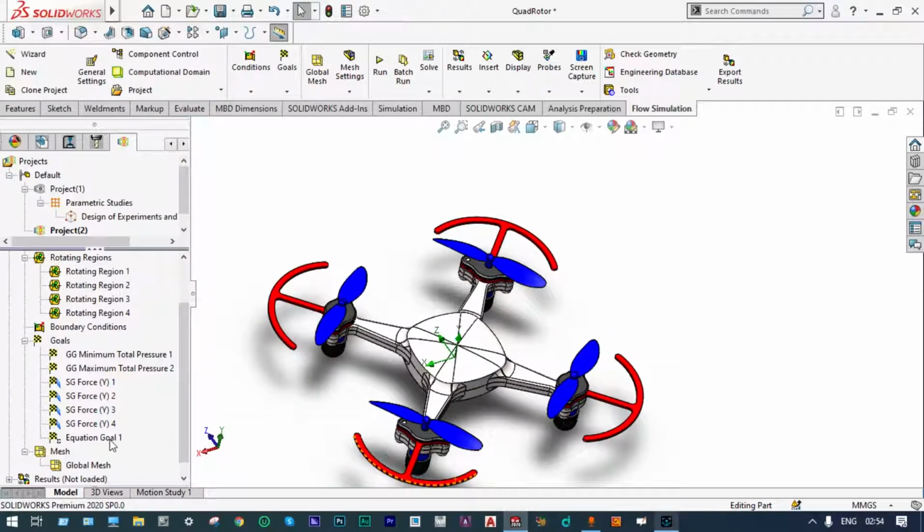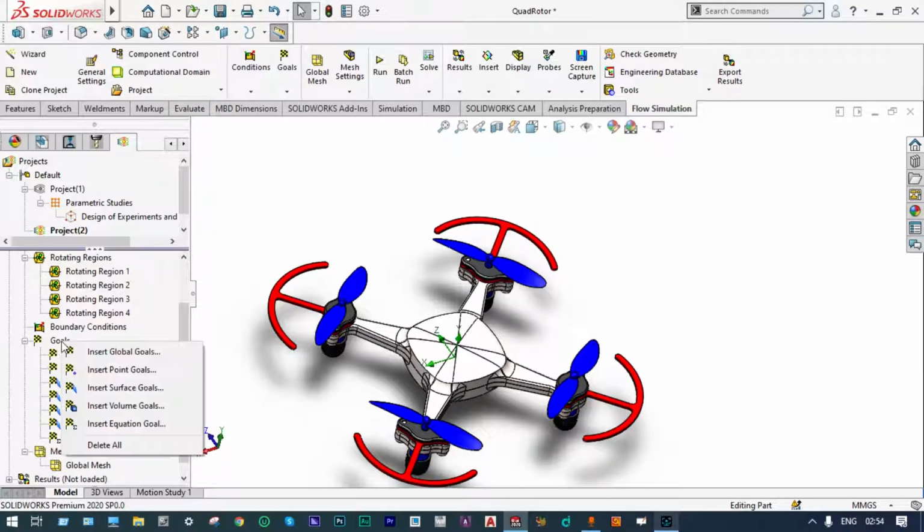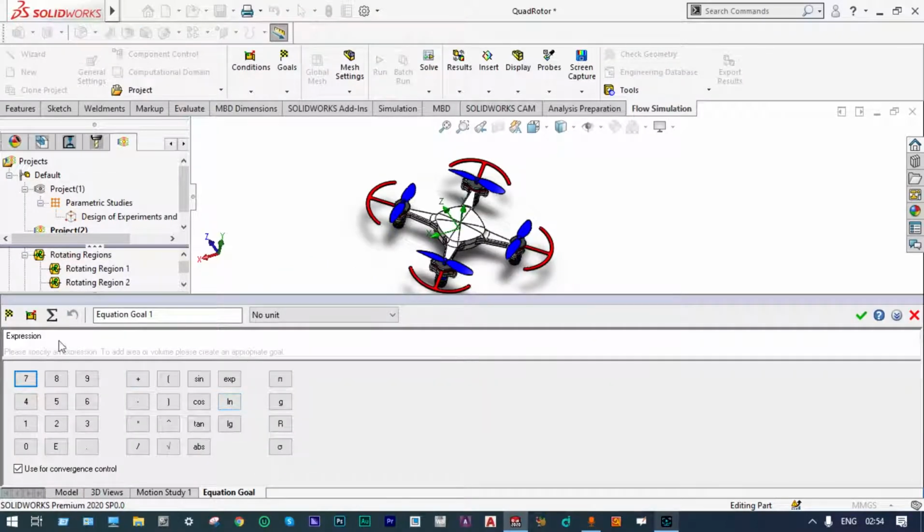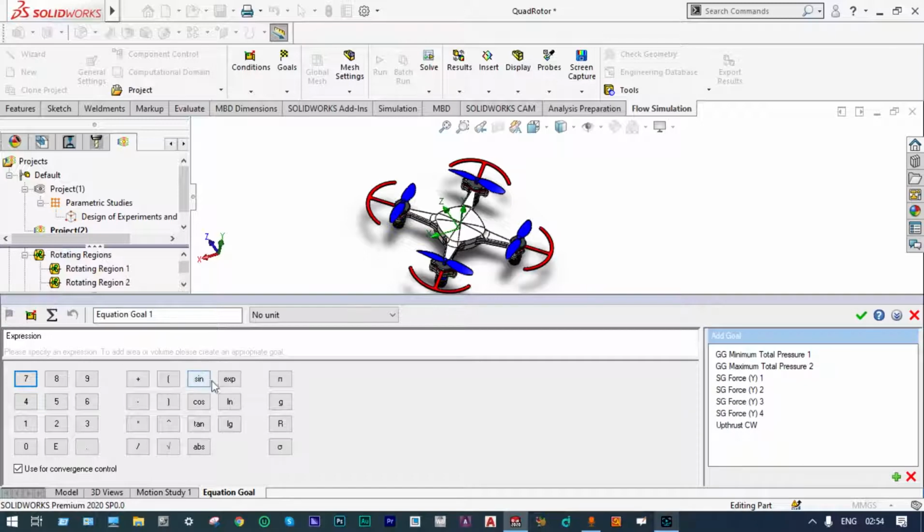So we can rename this one as upthrust in clockwise direction. The second equation goal will be upthrust in the anti-clockwise or counter-clockwise direction. Insert equation goal. The goal will be obtained from the pre-decided goals. As the third and fourth ones are positive, we don't require the absolute values of these two.